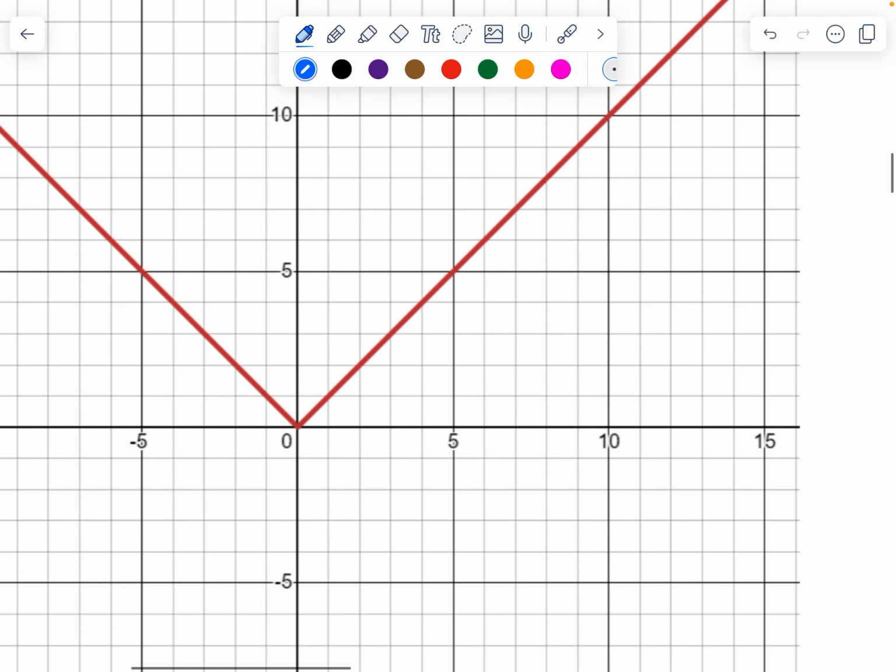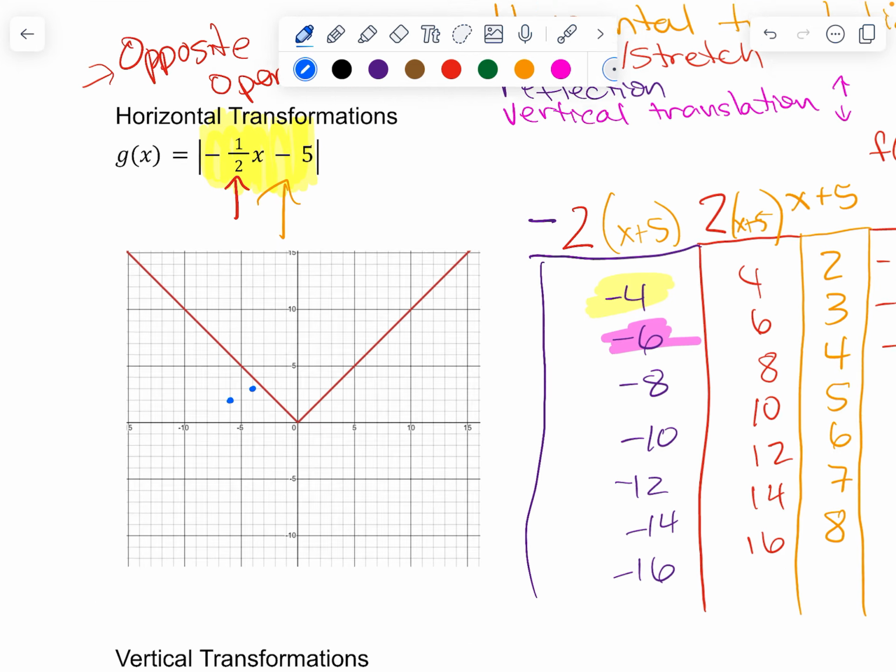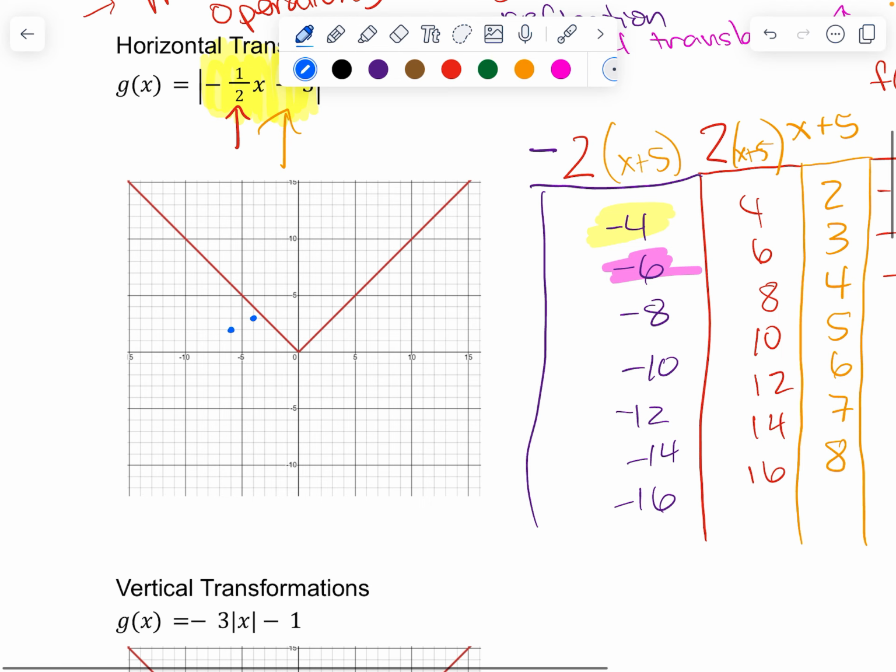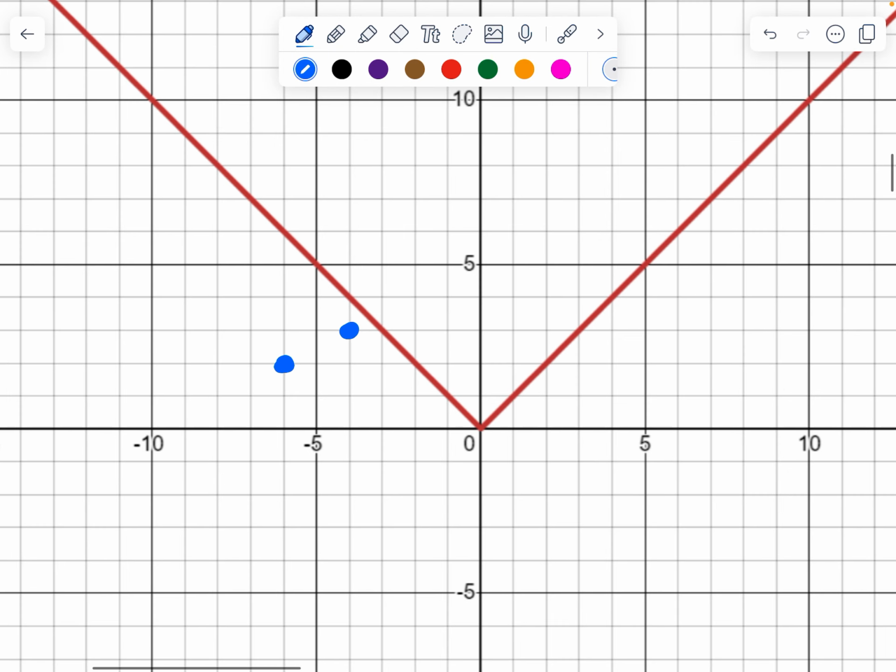I can't see it. -4, 3 would be here. Sorry about that. -6, 2 would be here. And then we have -8, 1. So 1, 2, 3, -8, 1.